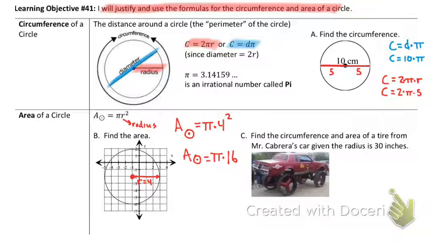Okay? And this would be my area. Again, we'll compute it later because we're going to talk about how to compute these things. All right? So let's go ahead and find the circumference and area of example C. Go ahead and do that and see if your problem matches mine.